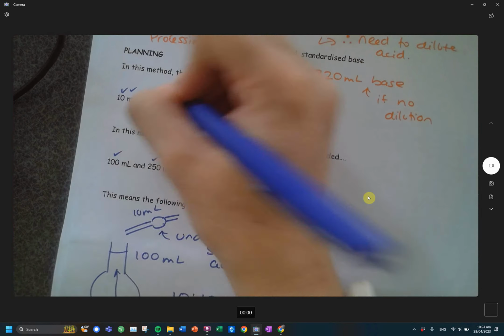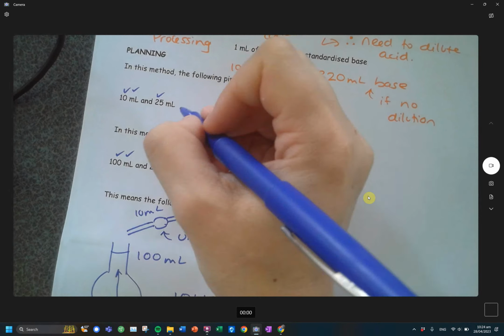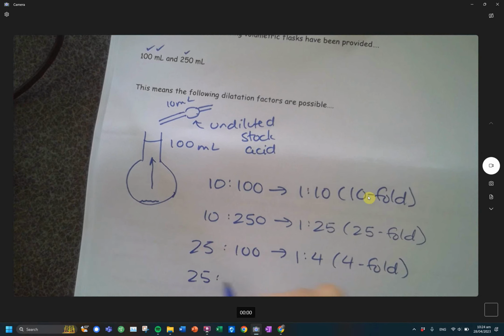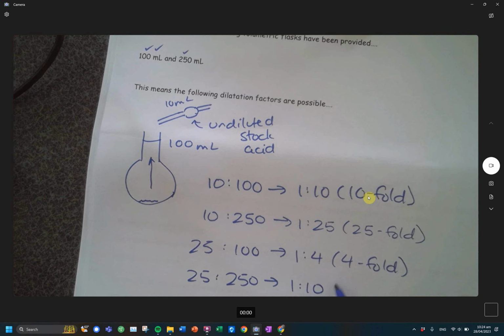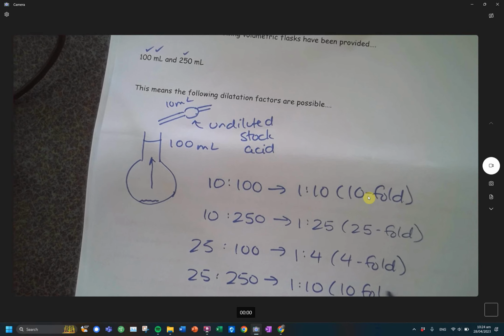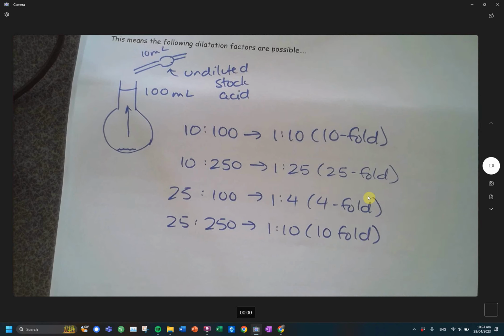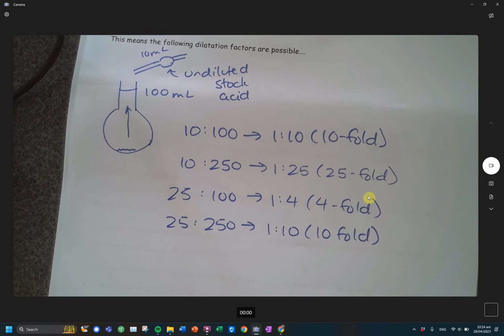So I've done my 25, I've done my 100 again, and then the other one is 25 into 250, which would be another 1 in 10. We good so far?